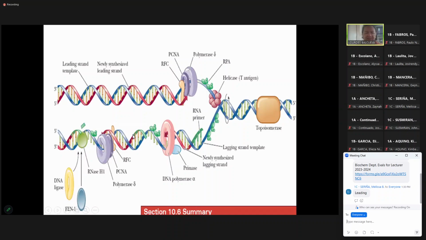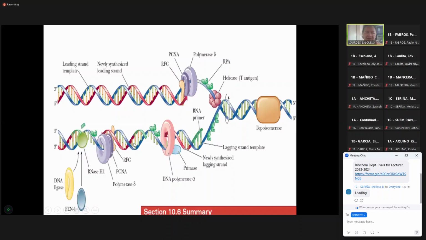But once it reaches the nucleotide that is already present, the polymerase epsilon gets out of the strand, and again you have your primase and your polymerase alpha, followed by polymerase delta.